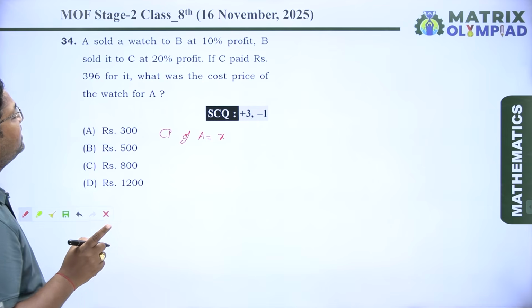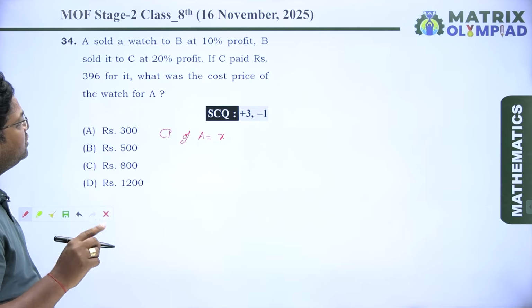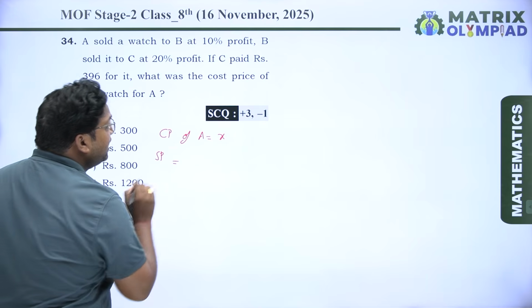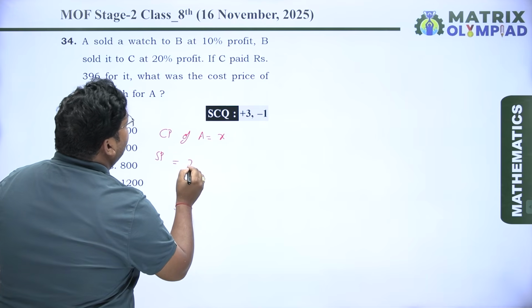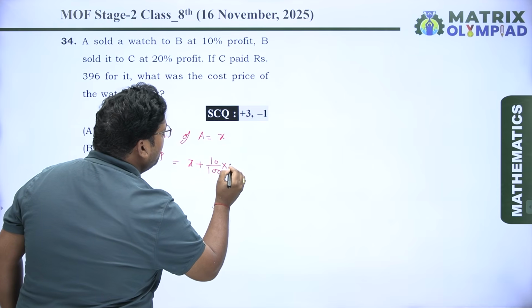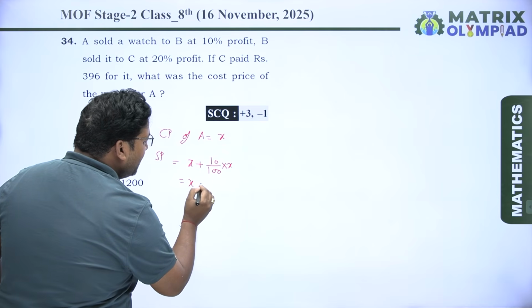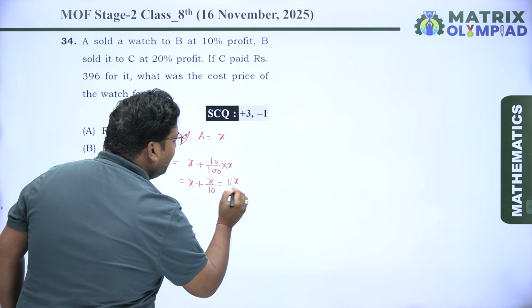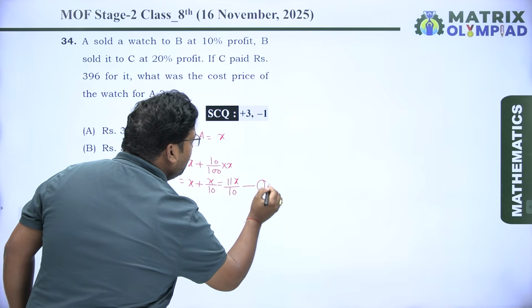So the first statement is A sold a watch to B at 10% profit. So the selling price is equal to X plus 10 upon 100 into X, which is equal to X plus X upon 10, equal to 11X upon 10, equation number 1.